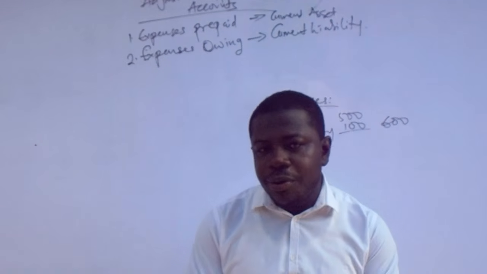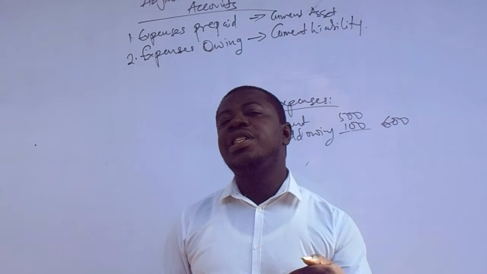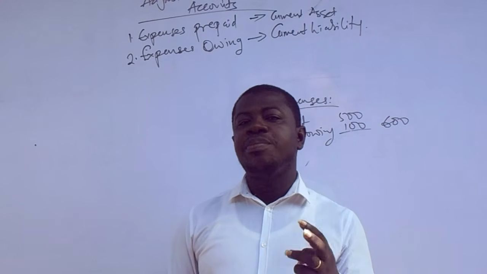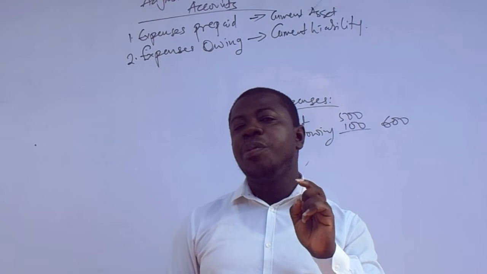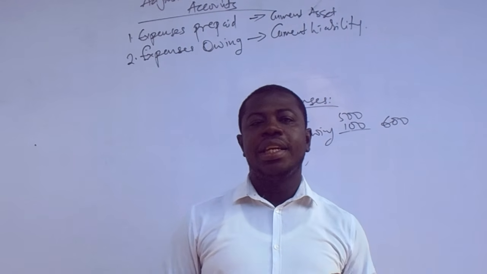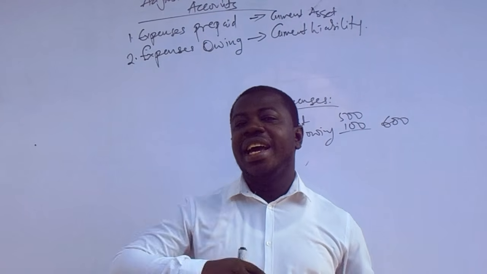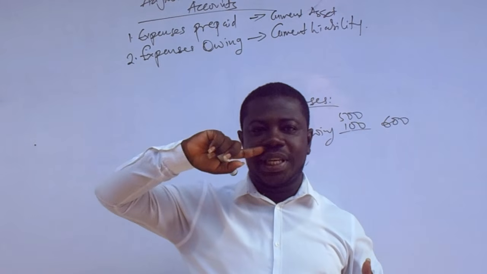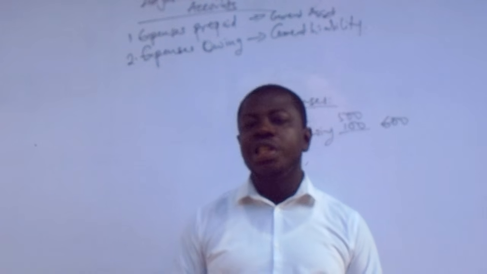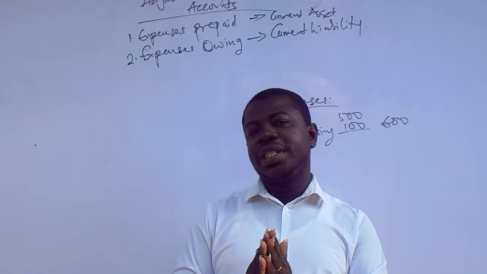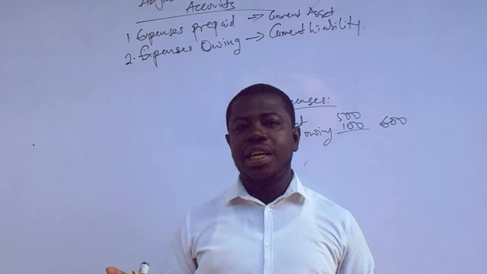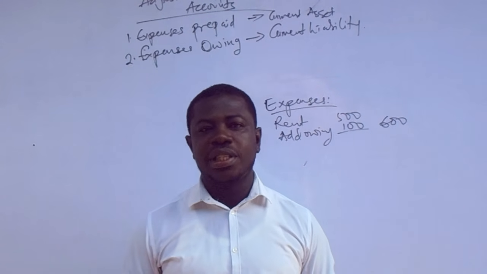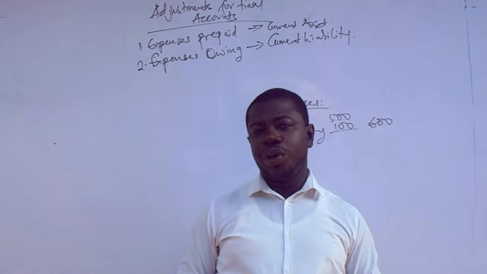So let me repeat again by saying that expenses prepaid will first be subtracted from the expense that has been paid, and it will be treated secondly as a current asset. Now expenses owings will be added to the expenses that have been paid, and then to be treated as a current liability. These are the double treatments for both expenses prepaid and owing.